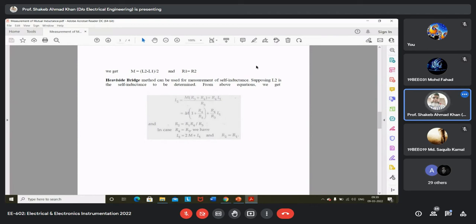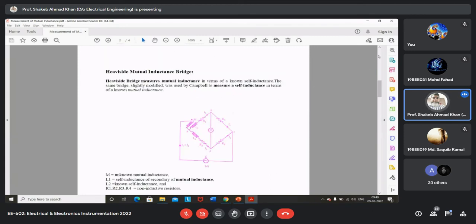So this is how the Heaviside bridge is used for measurement of mutual inductance. Here it is shown that it can also be used for measurement of self-inductance of a coil L2, suppose. But in that case the mutual inductance should be correctly known, and that is generally not preferred.